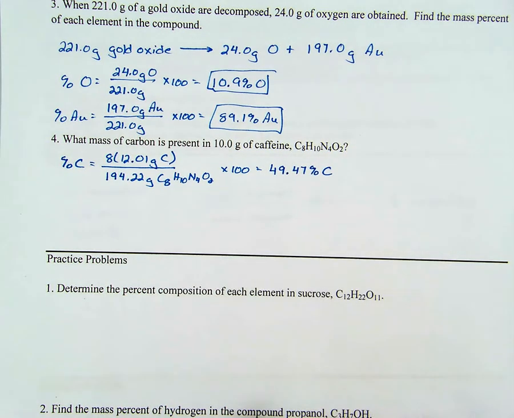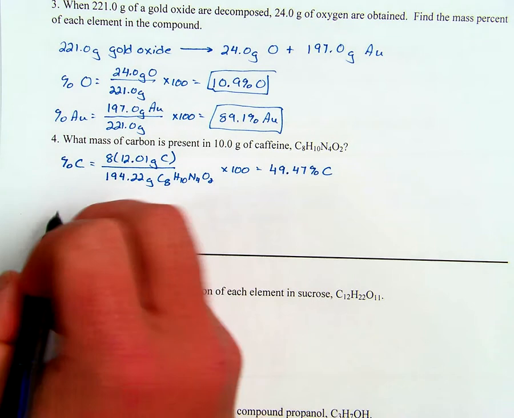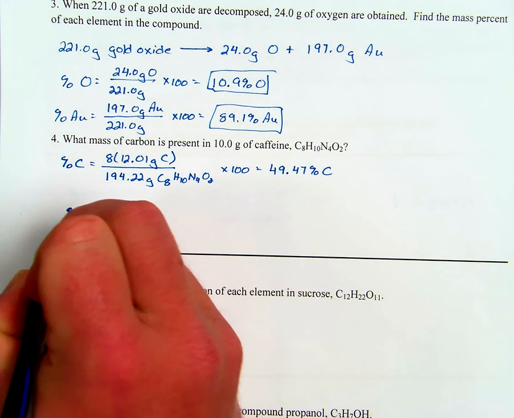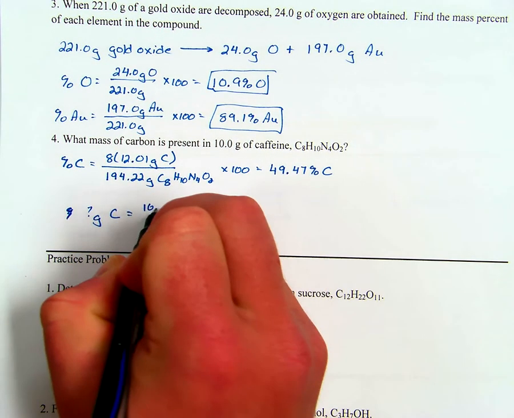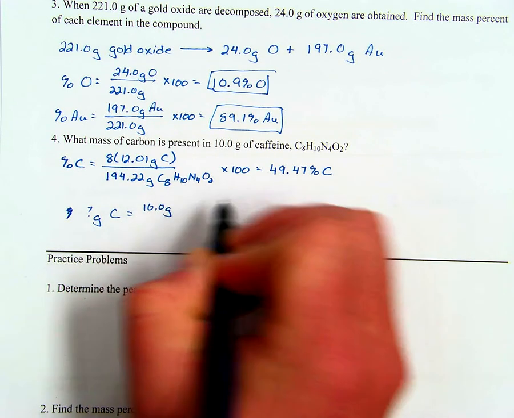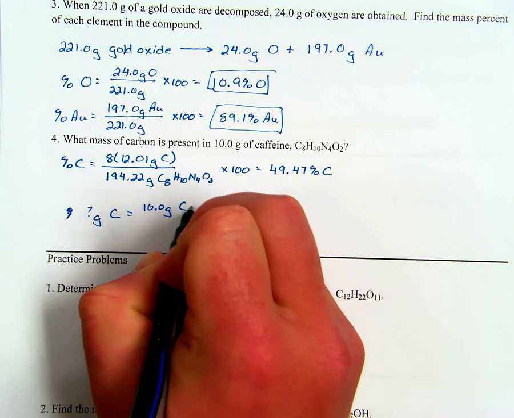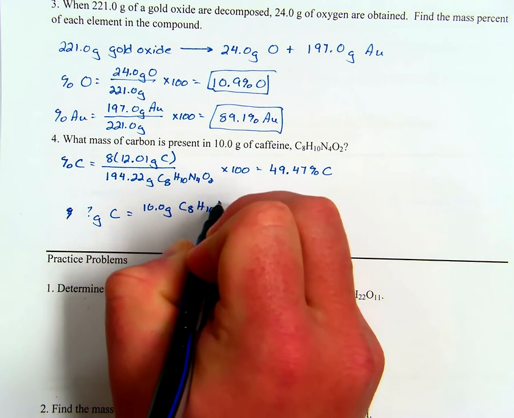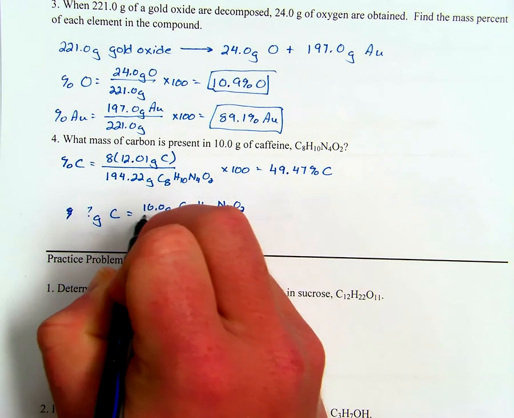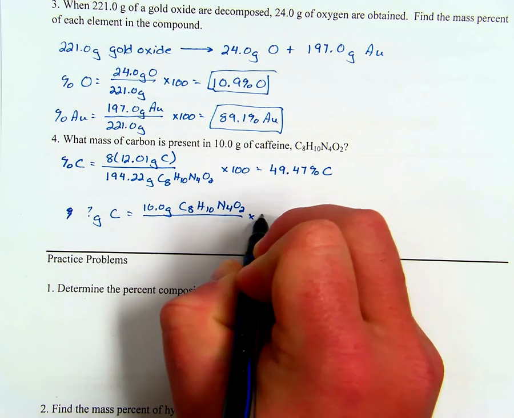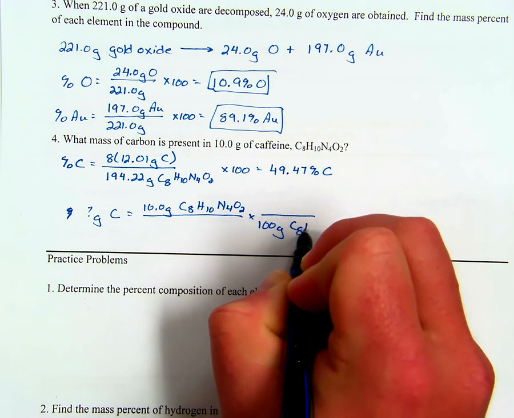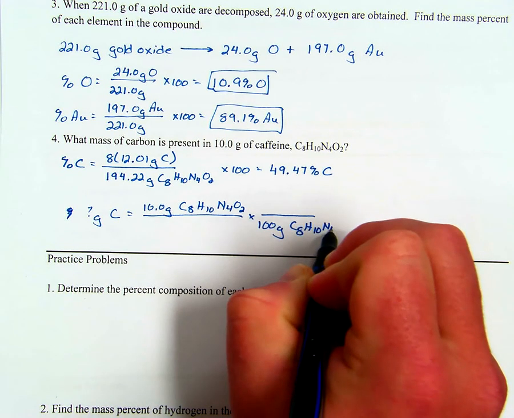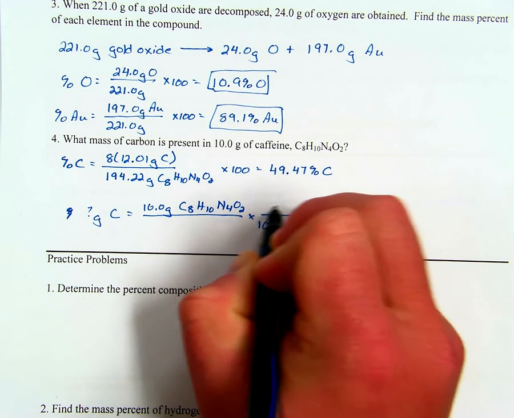Well, remember what percent means. It literally means per 100. So when I'm asked to find the mass of carbon, how many grams of carbon are equal to 10.0 grams of the caffeine, of the C8H10N4O2, I know that for every 100 grams of the caffeine, C8H10N4O2, there would be 49.47 grams of carbon.